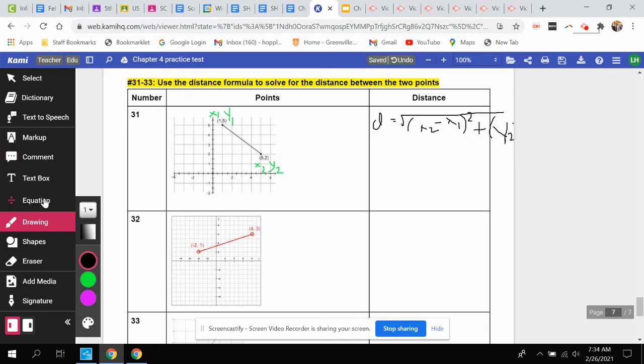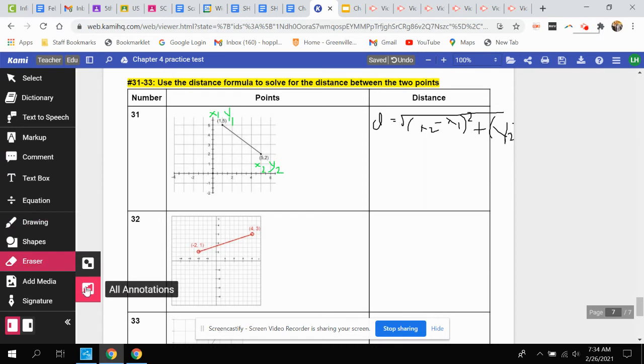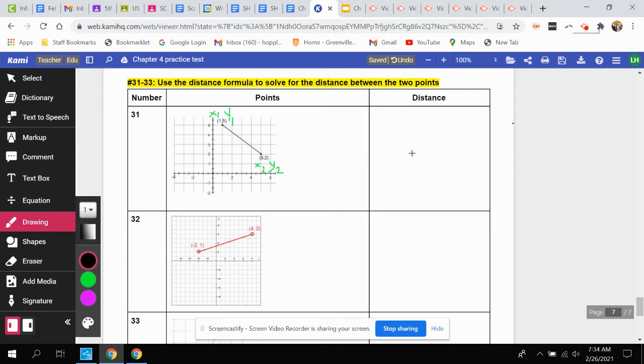Let me erase that. I have to write a little bit smaller, I guess.